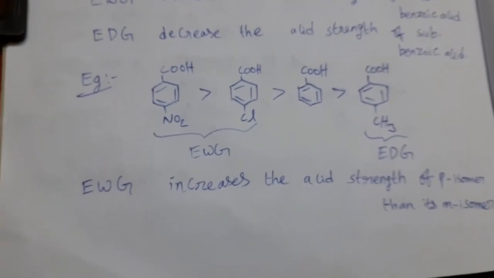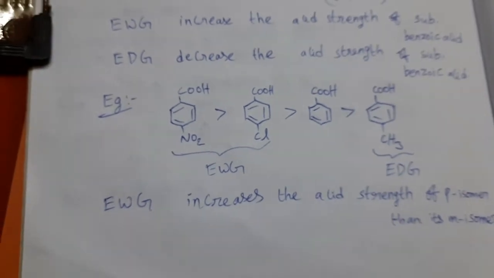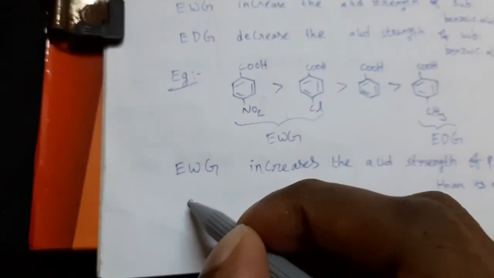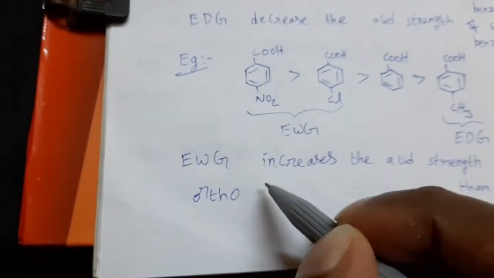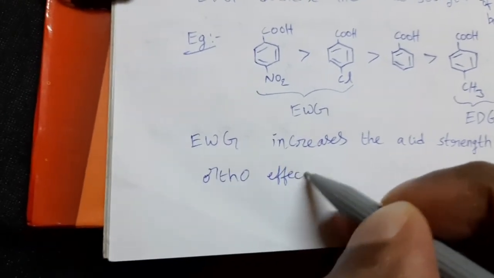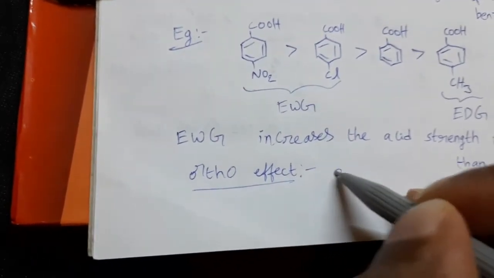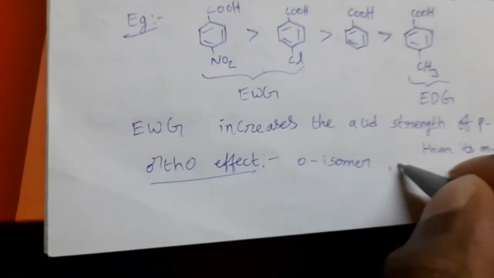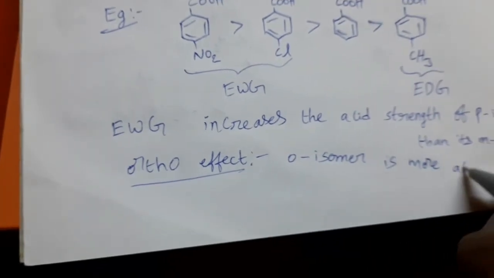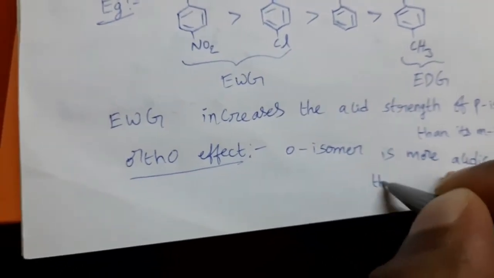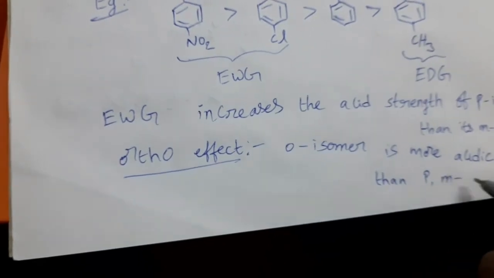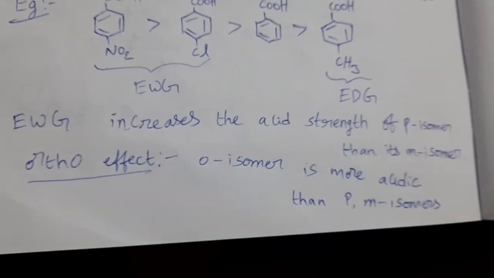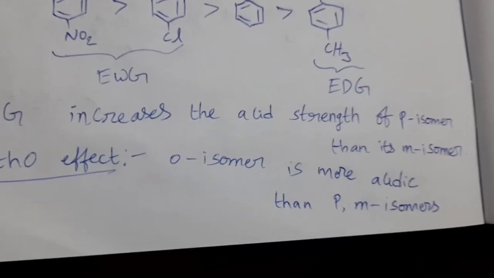In all these three forms, ortho isomer is more acidic than para and meta form. This is due to ortho effect. Ortho isomer is more acidic than para and meta forms. So due to ortho effect, ortho isomer is more acidic than para and meta isomers.